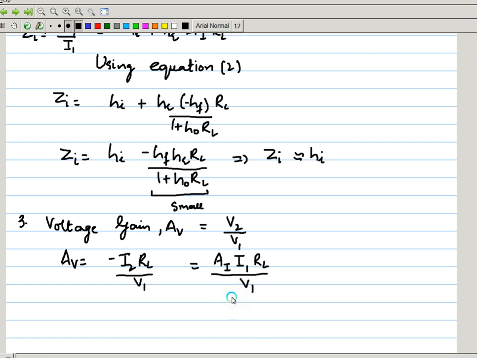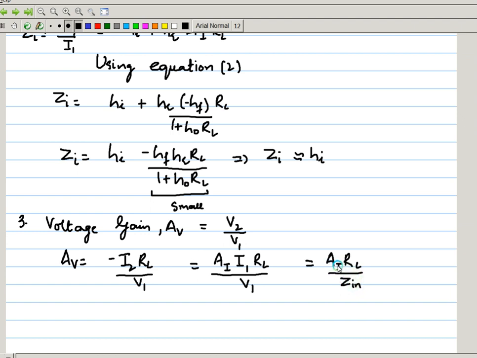If you know Ai from the formula, minus hf upon 1 plus ho into RL, you can find out the voltage gain. It can also be written as I1 by V1, because you know that V1 by I1 is Zi, that is input impedance. It can be written as Ai into RL upon Zin.